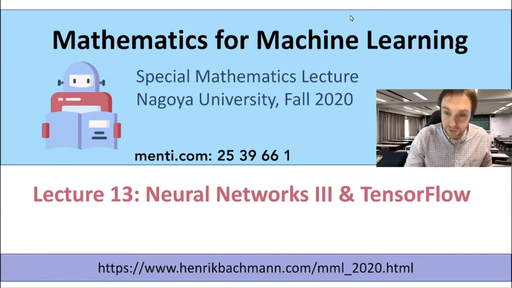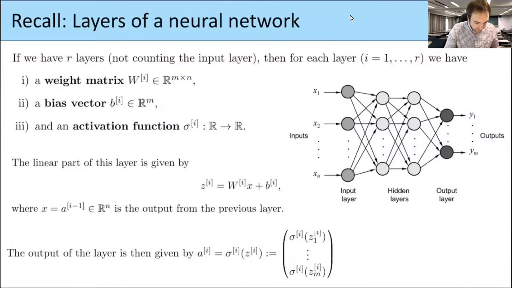Okay, so let's start. Again, I will recall the notation for those who maybe didn't attend last time. In a neural network, we have different layers. Usually R denotes the number of layers. For each layer, we have a weight matrix, a bias vector and an activation function.